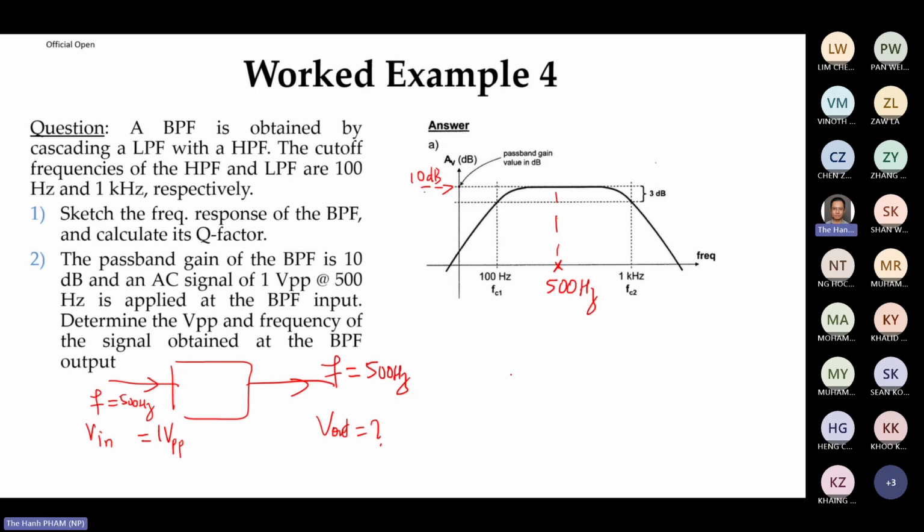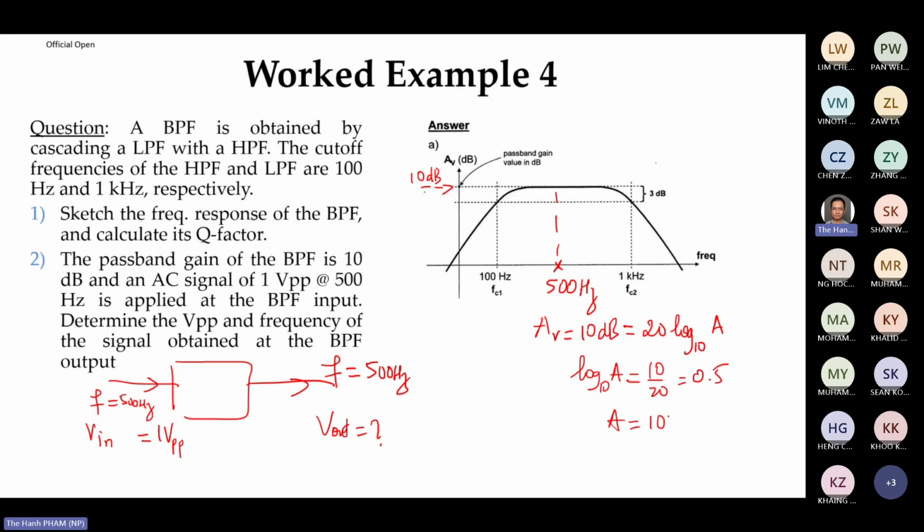So this one is quite simple, because the gain is 10 dB, and how to have this 10 dB is 20 log base 10 of the normal gain, right? Correct? Gain in dB is calculated as 20 times log base 10 of the normal gain. So here 20, here 10. So log base 10 of A should be 10 over 20, which is 0.5.